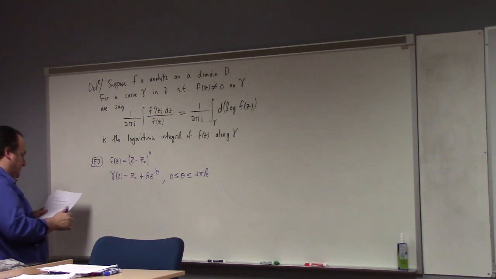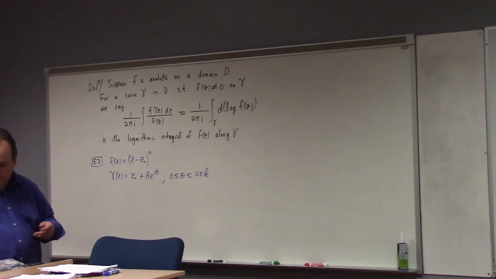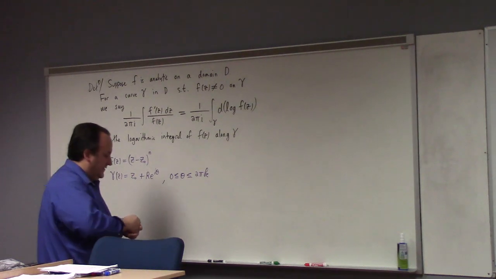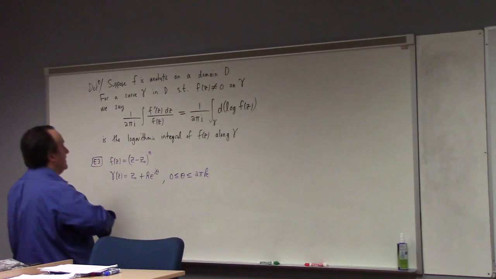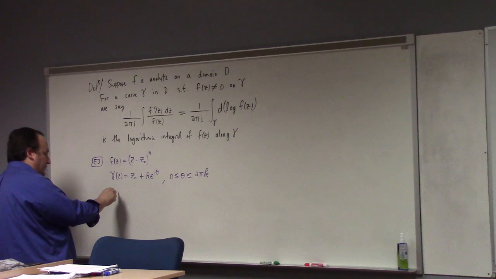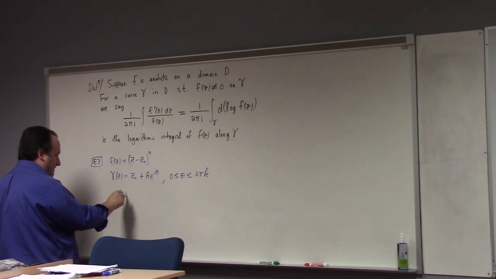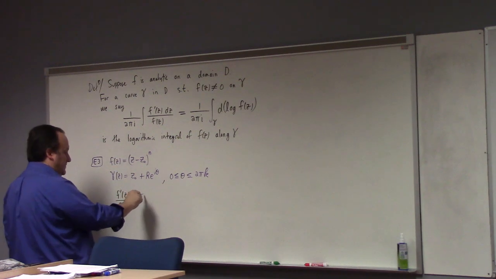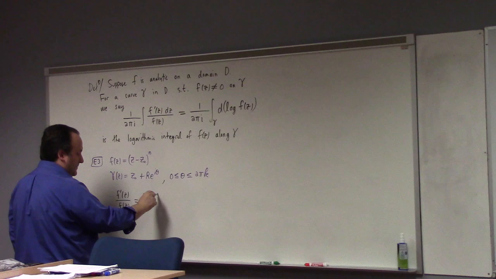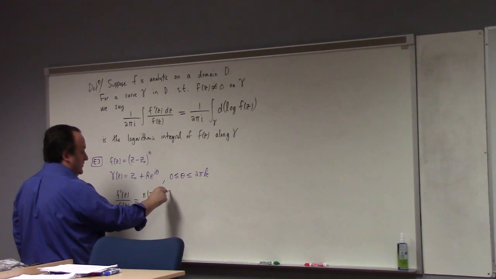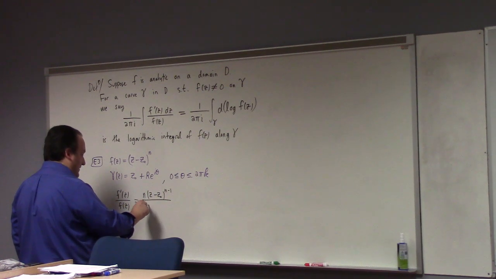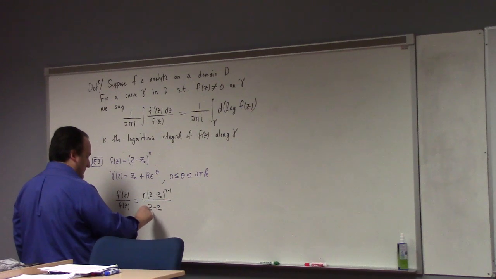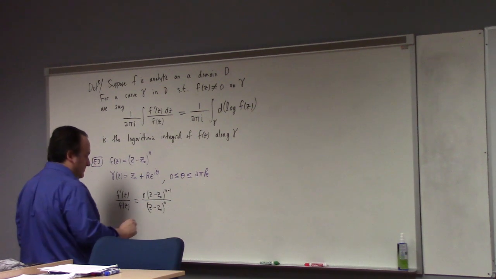All right. So for this, if we calculate f prime of z over f of z, what do we get? Let's work it out here. What's f prime of z over f of z for this function? We get n times z minus z naught to the n minus 1 divided by z minus z naught to the n.